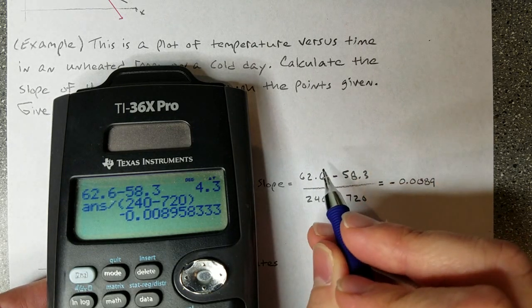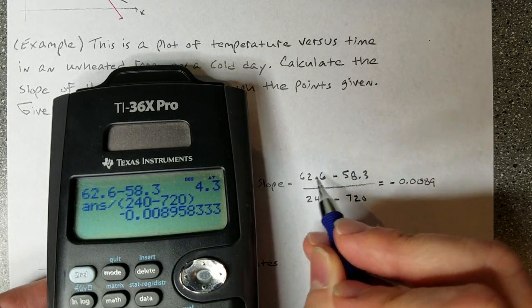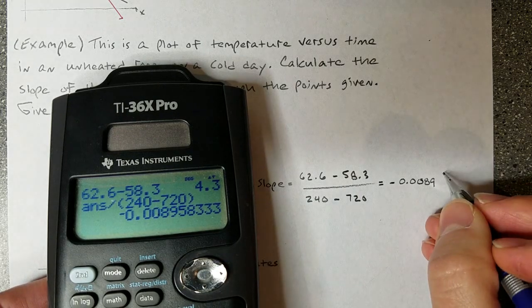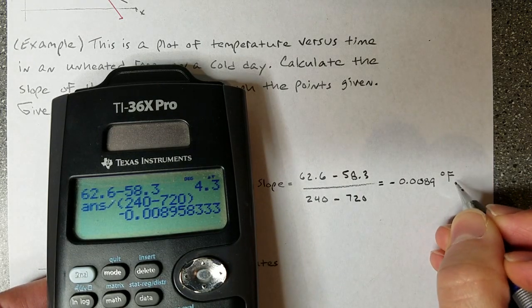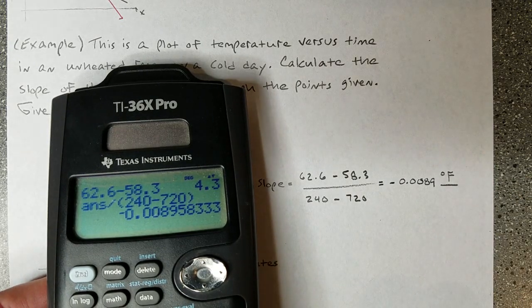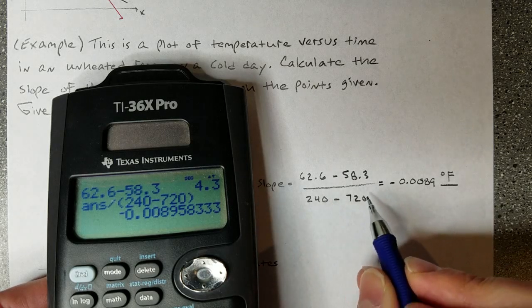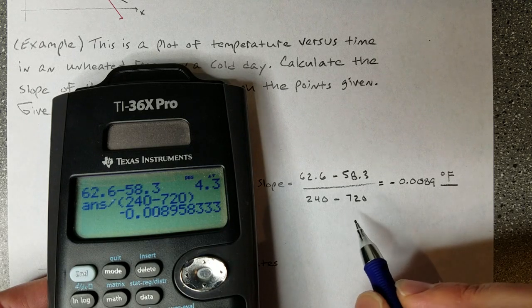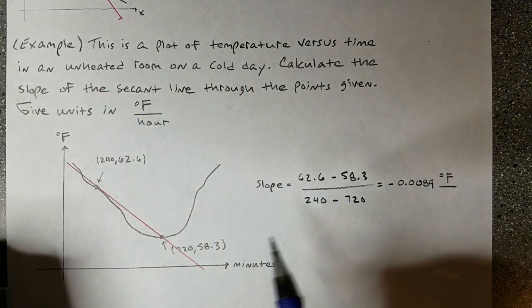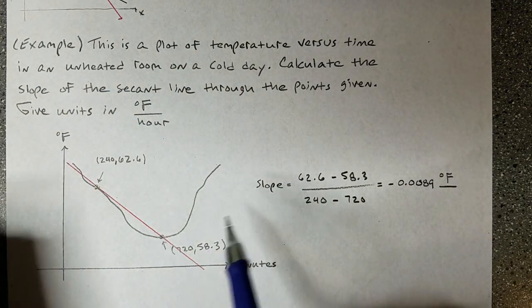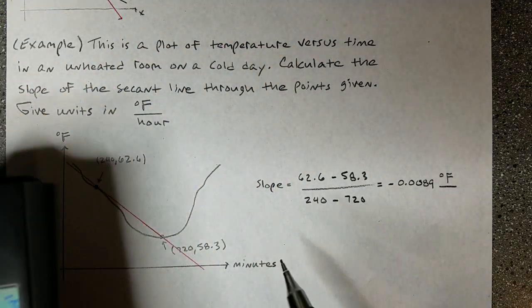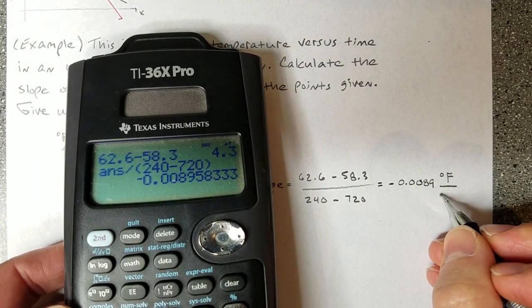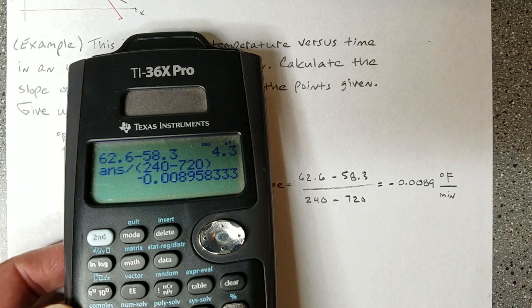So that top number was a temperature difference in degrees Fahrenheit. And what were the numbers down here? Those were times. That was how much time elapsed between this particular data point and that one. That was a time, but it was in minutes. So this is in degrees Fahrenheit per minute.